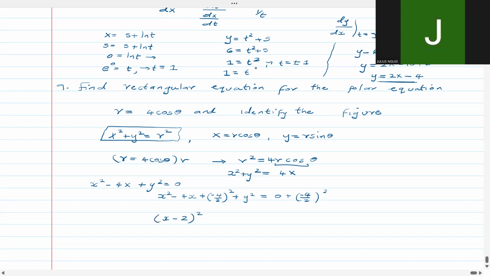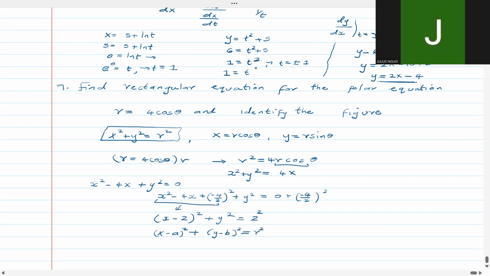You observe that the whole of this part is the same representation as this, plus y squared equals minus 4 over 2 squared, that's 4, or just 2 squared. And this equation is of the form x minus a squared plus y minus b squared equals r squared.